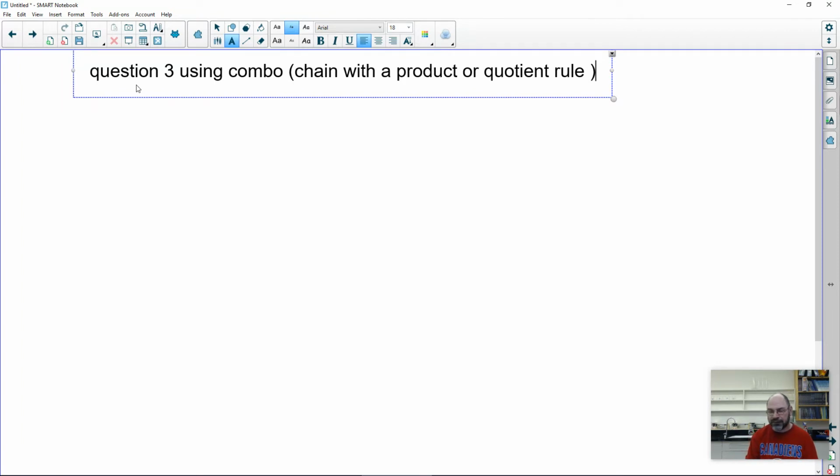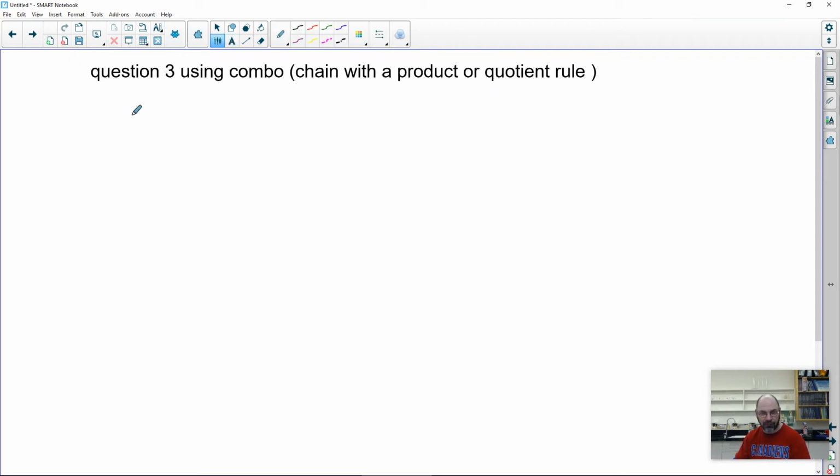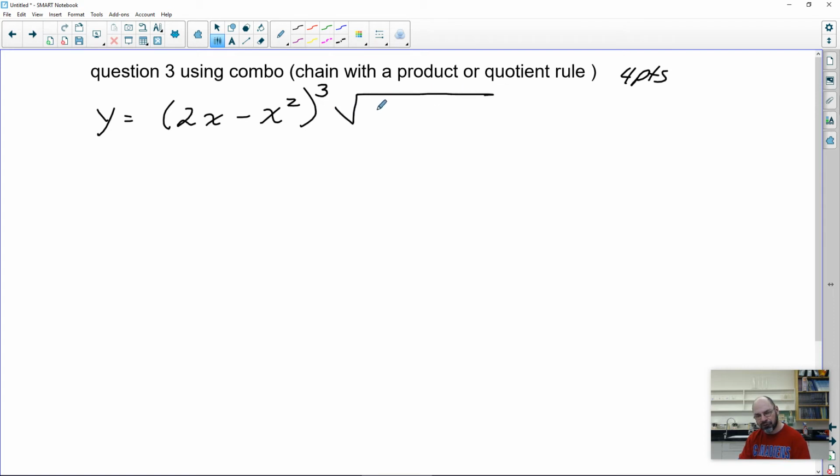Okay, so let's do one that uses a product rule. Let's say that we have something like y equals, I'll leave it in factored form, of course. That's 4 points, by the way. So y equals, let's say, 2x minus x squared to the power of 3 times the root of 5x minus 2x squared.